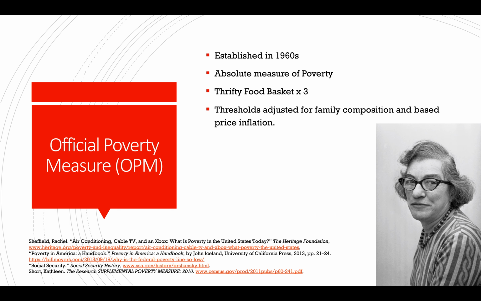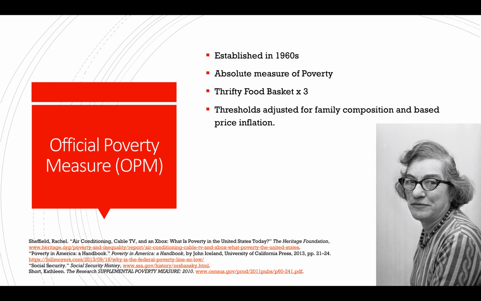The OPM showed a 2017 poverty rate of 12.3%, while the SPM, Supplemental Poverty Measure, showed a 13.9% rate that same year. Concerns with the OPM's effectiveness due to it being an absolute measure prompted a National Academy of Sciences, NAS, study in 1990.